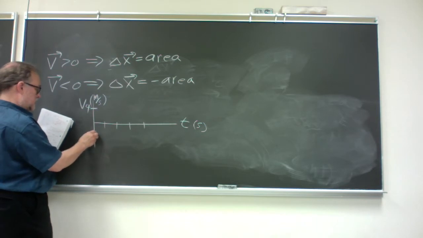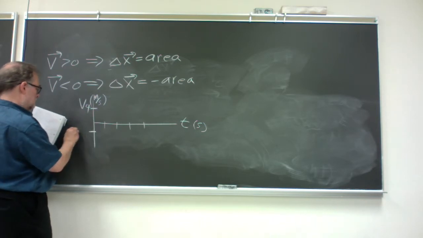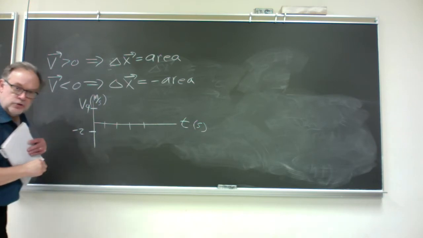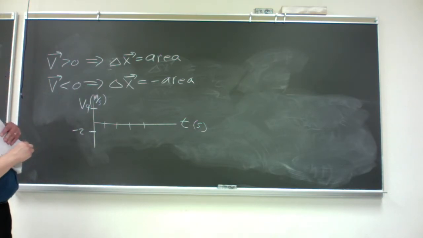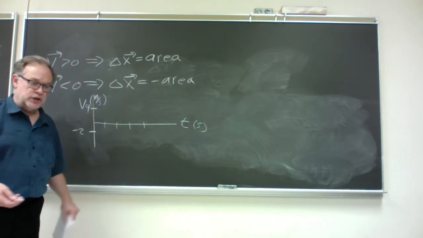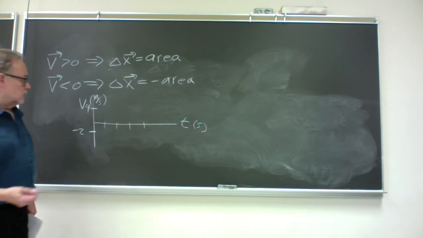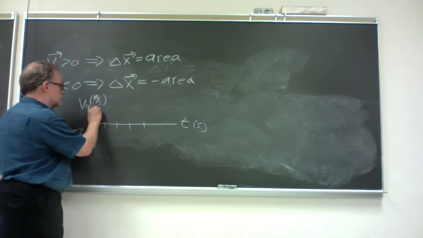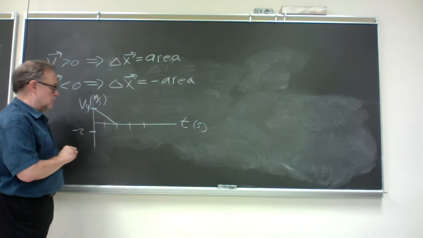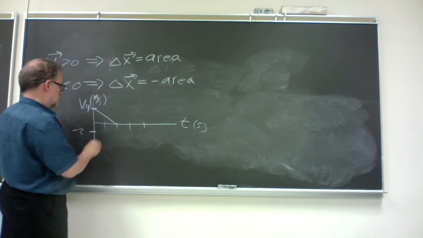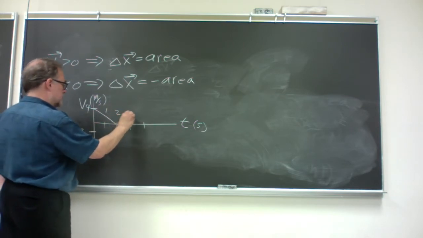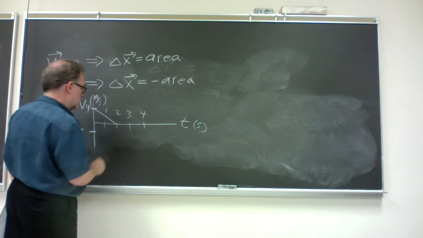And down here we have, let's say, minus 2 meters per second. And let's say that the velocity is changing. Velocity starts out positive, but slows down until it's 0. This is 1 second, 2 seconds, 3 seconds, and 4 seconds.